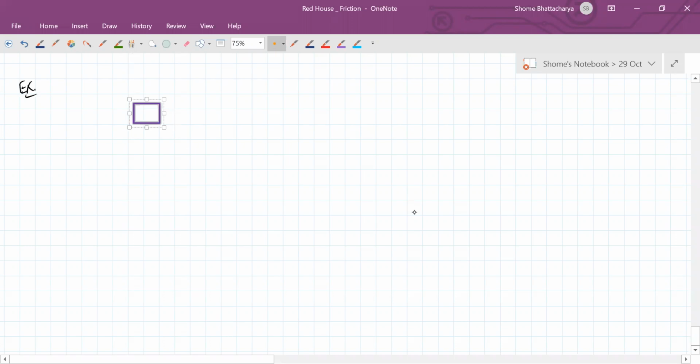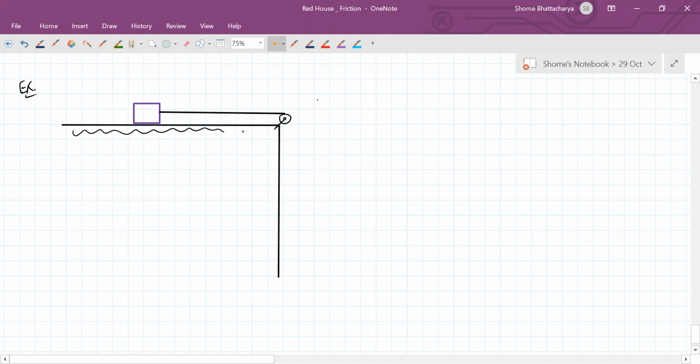So now I have this situation once again. This is lying on a rough surface. But there are a few more things involved over here. There is a pulley, so one fixed pulley over here. So this is a rough surface which has coefficient of static friction, let's say 0.40, and coefficient of kinetic friction, let's say 0.35.